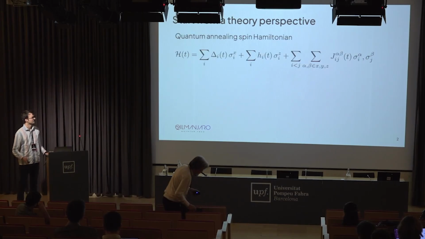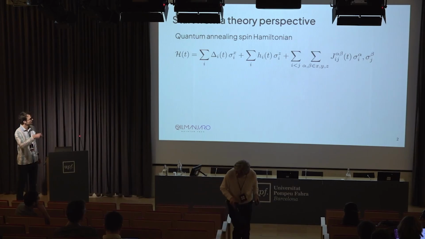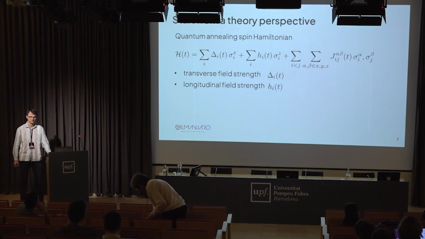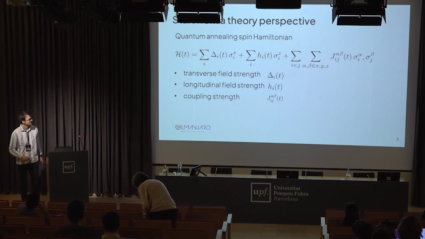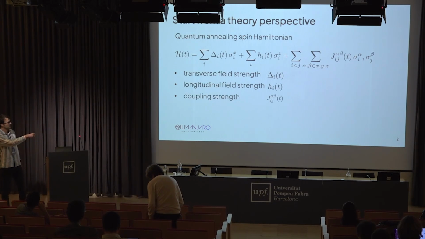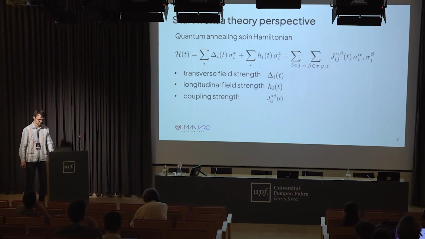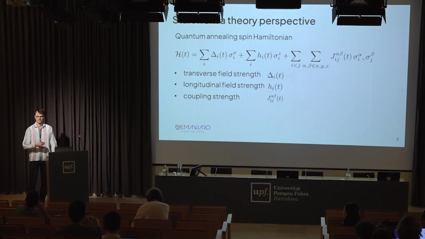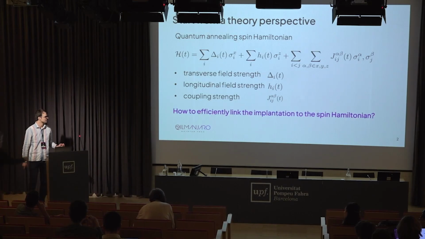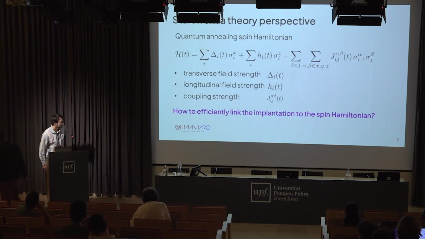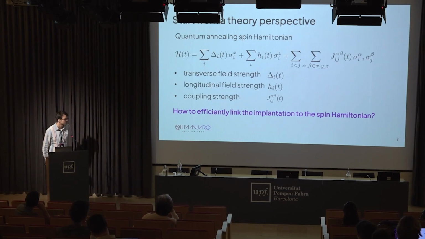So we have the transverse field, the longitudinal field, and the couplings, and here just a general spin with all kinds of two-local interactions.